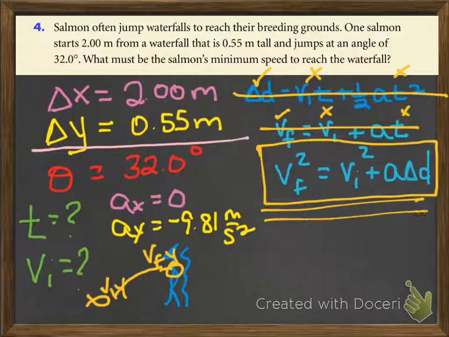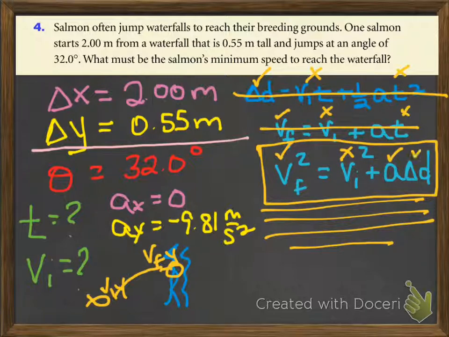So using this equation here, we do not have the initial velocity. We have acceleration in the y direction, and we have the distance in the y direction. This gives us one unknown, and therefore identifies this particular equation as the best equation to use in this situation.